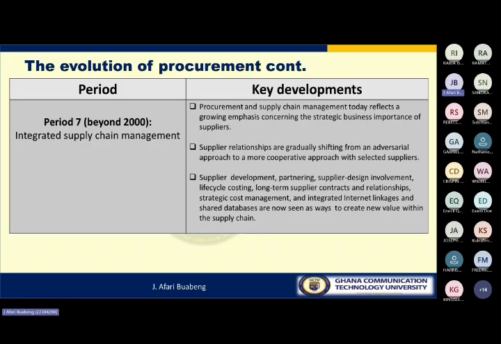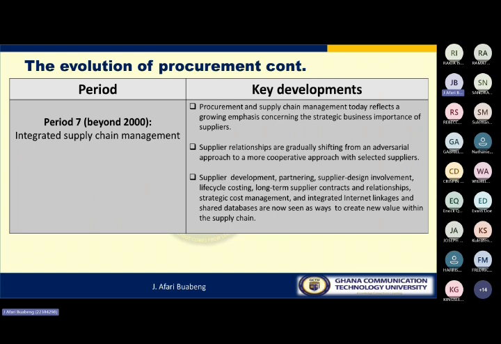We need to look at the entire supply chain, because your supplier also has a supplier. So you may be interested in your supplier. What if your supplier is disappointed by its supplier? It means that your supplier will not be able to supply the needed items. So you need to focus on not just your immediate supplier, but the entire supply chain.